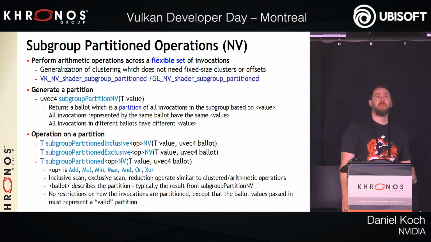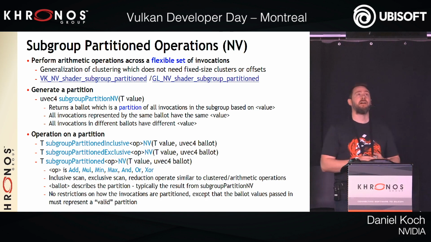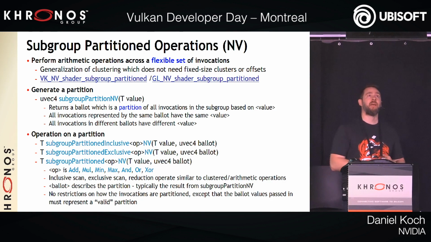You can do partitioned inclusive and exclusive operations, and partitioned subgroup operations as well. So the same set of 8 operations: add, mul, min, max, and, or, XOR. Those let you do inclusive, exclusive, and reduction operations as before.